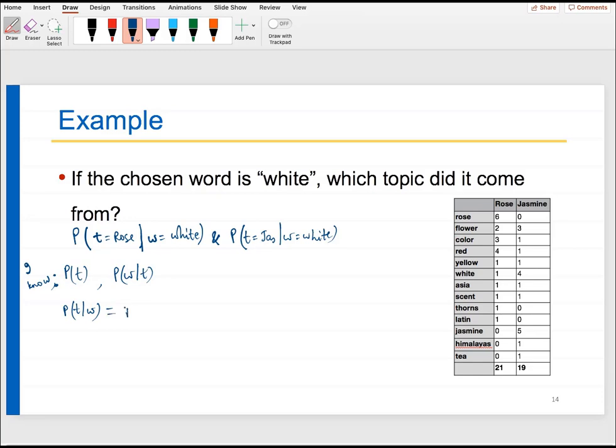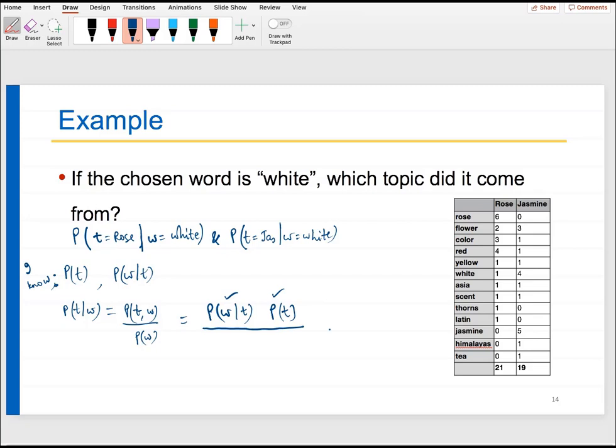Let us say I write it as P of T comma W divided by P of W, which is the definition of this thing. I do not know P of T given W, but I can use this product rule to write it like P of W given T into P of T. Okay, I know this quantity, but P of W I do not know.